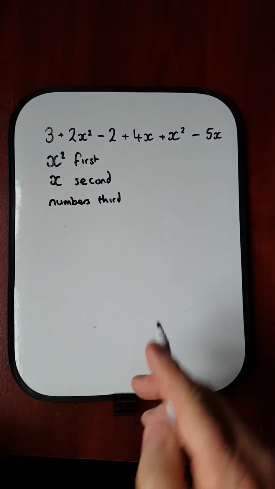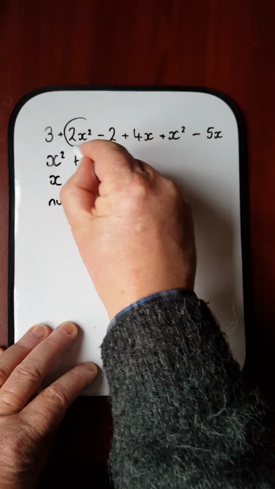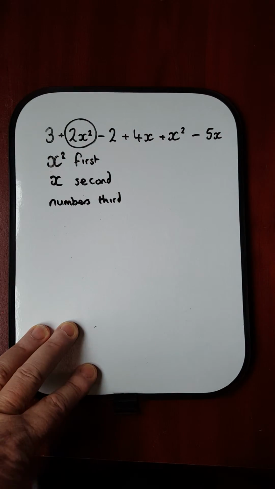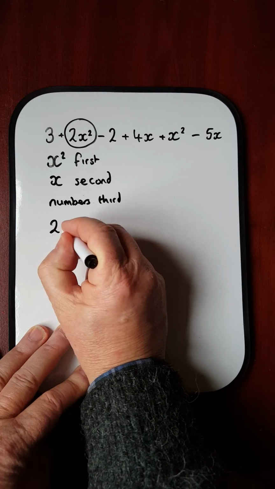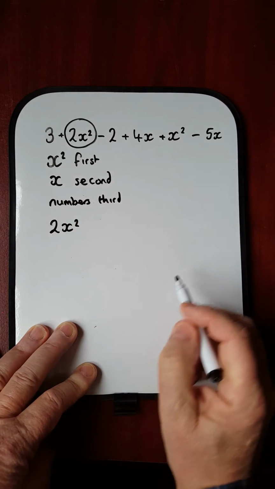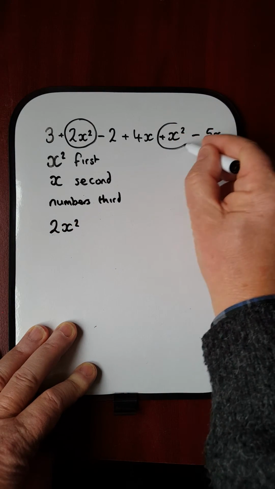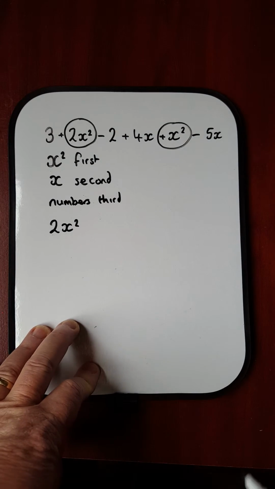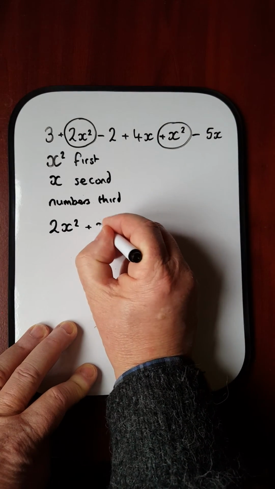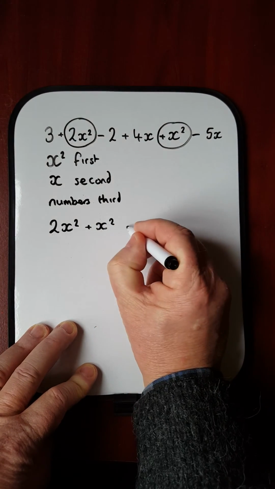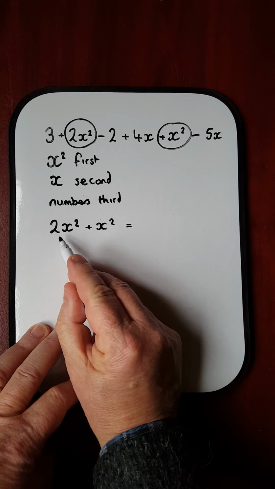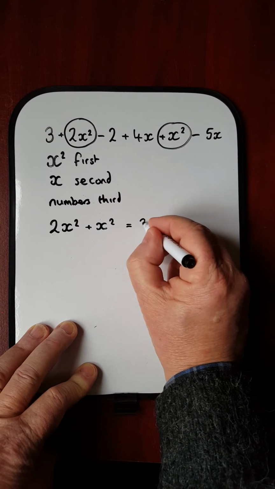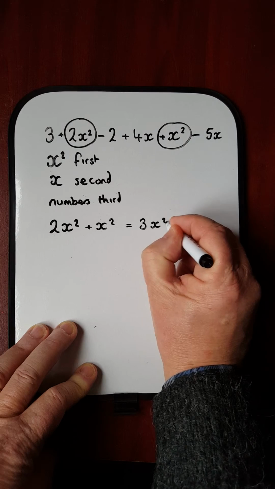So in terms of x squareds, we've got this. We've got 2x squared, and there's another x squared here, put that circle around the add sign, plus x squared. All together there, then, we've got 2x squareds and another x squared, and that's 3x squared.